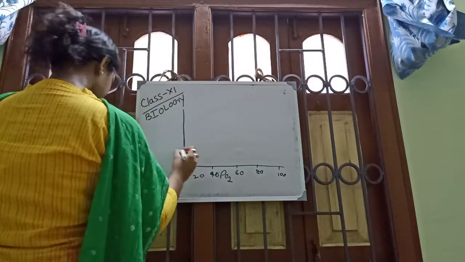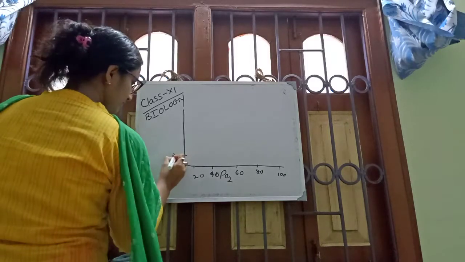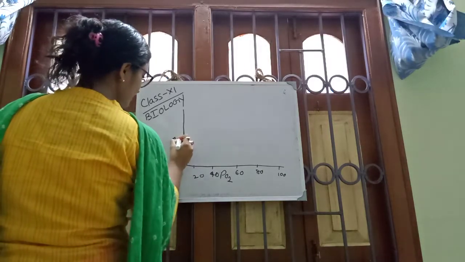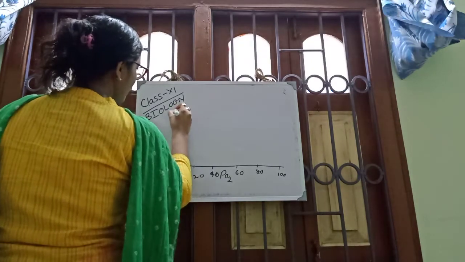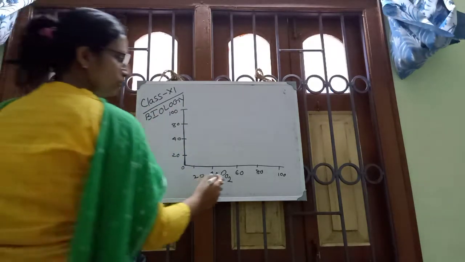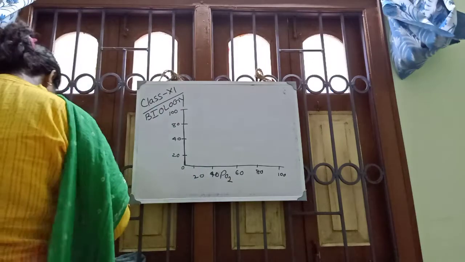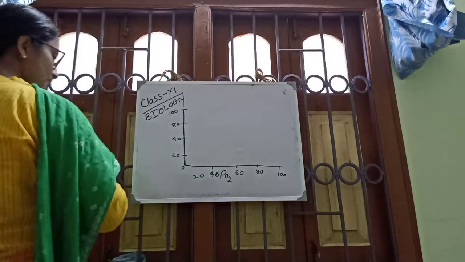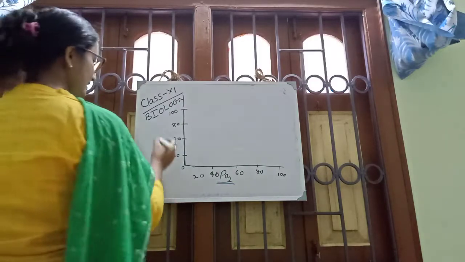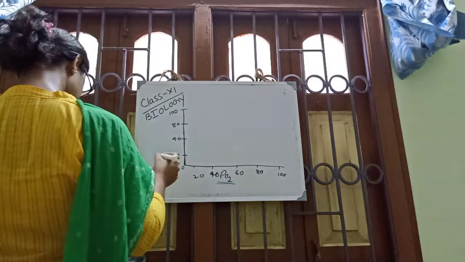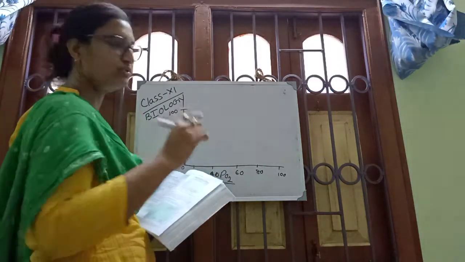And on this axis is the saturation: 20, 40, up to complete saturation at 80 and 100. This one is the PO2, the partial pressure of oxygen, and here is the percentage of saturation with oxygen.